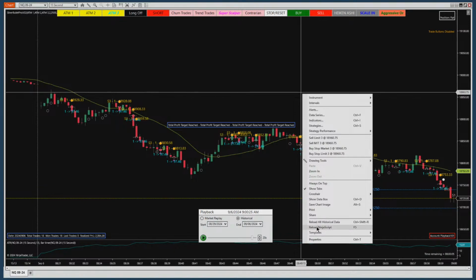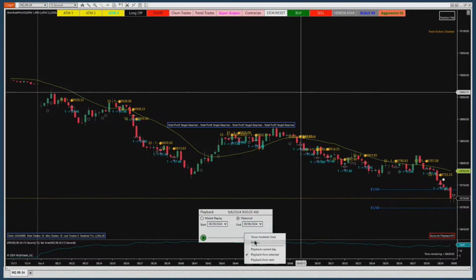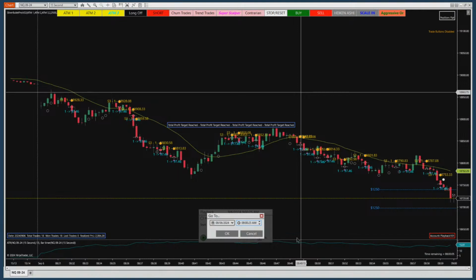So let me reset the timer. In 30 minutes we reached $2,000. They did even better than trend trades.